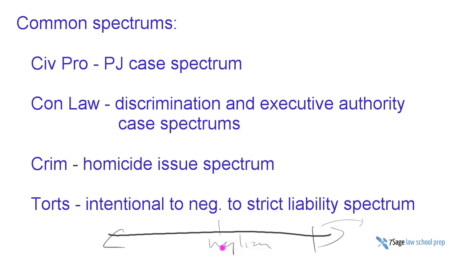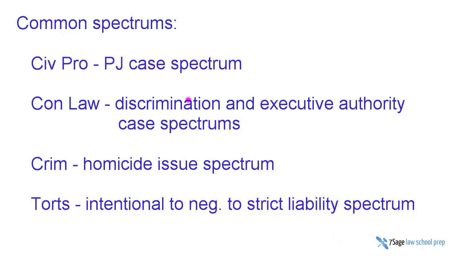We know you didn't mean to do that, but you could have put more thought into it. And maybe strict liability here, where something's so dangerous that we say to the tortfeasor, you've got radioactive waste that you're driving around neighborhoods. We don't care how careful you are. It's so inherently dangerous that anything bad that happens, we're going to say you're liable for. So those are some common spectrums.